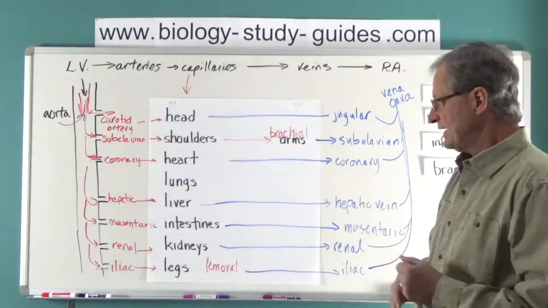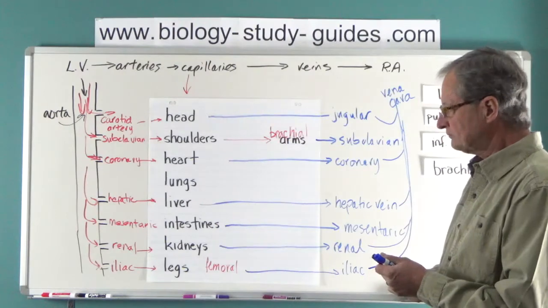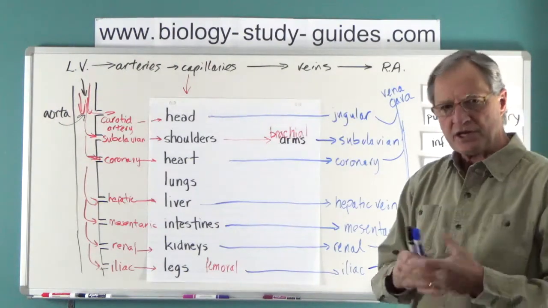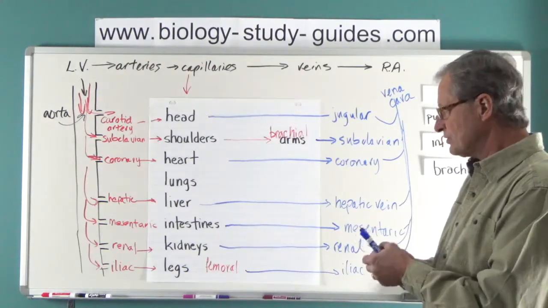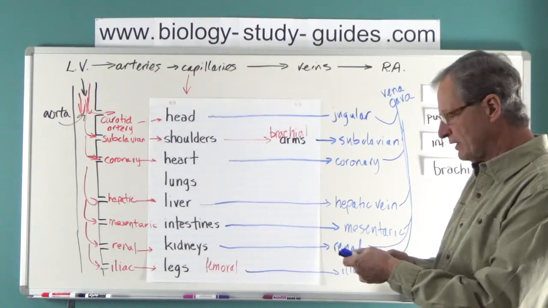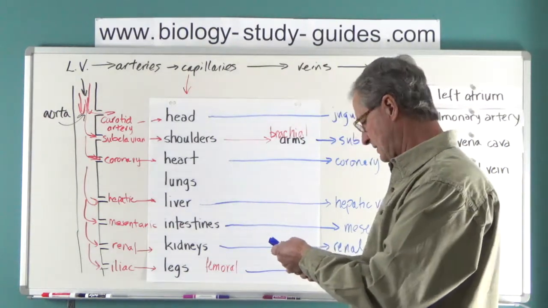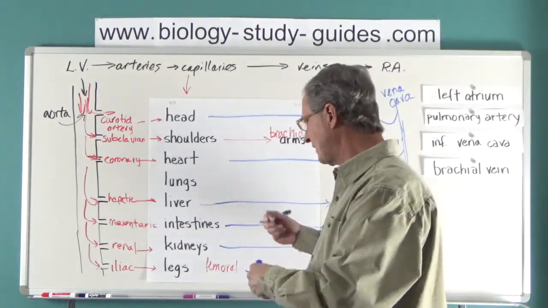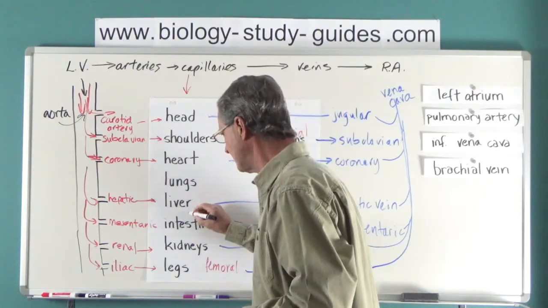One more thing that has to be mentioned in here, and it has to do with the digestive system function. There's another blood vessel that's really, really important, and it actually takes blood from the intestines to the liver.